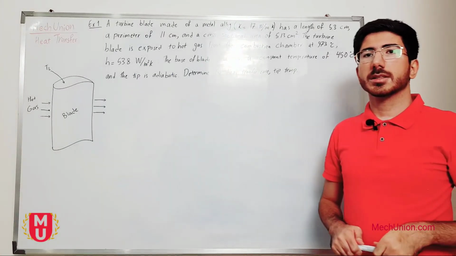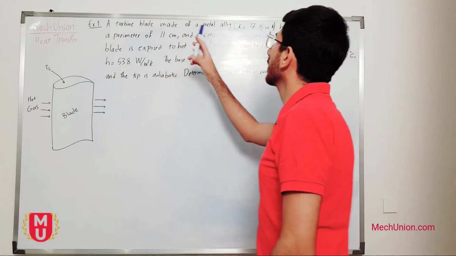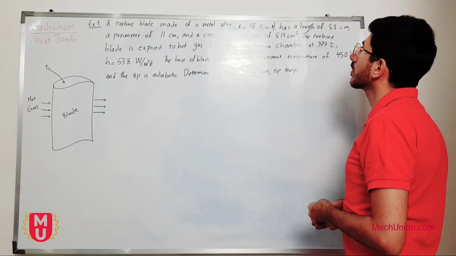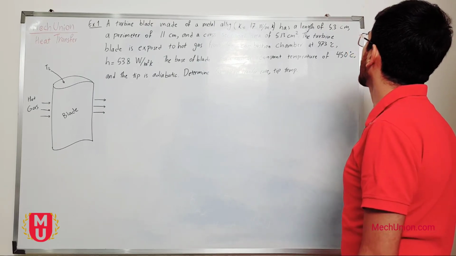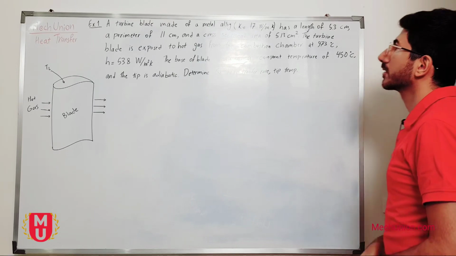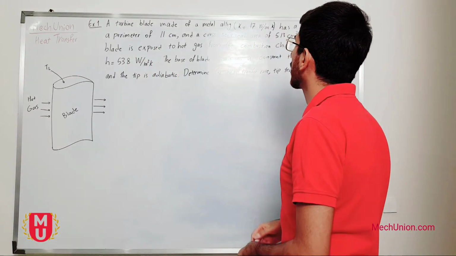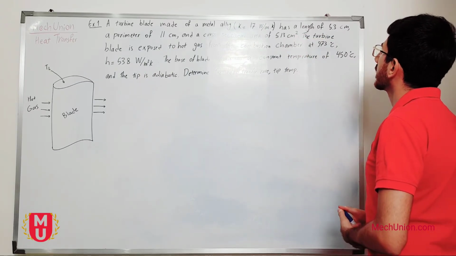Okay, as the first example, I brought you this one. A turbine blade made of a metal alloy, K equals 17 watt over meter Kelvin, has a length of 5.3 centimeters and a perimeter of 11 centimeters and a cross section of 5.13 square centimeters.